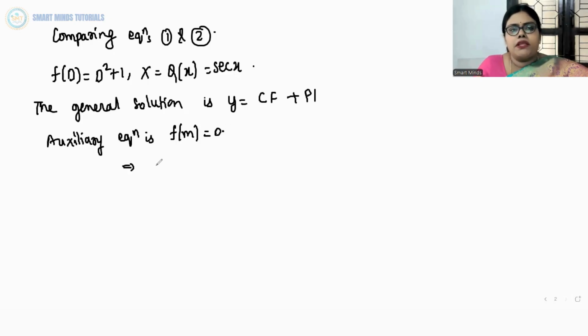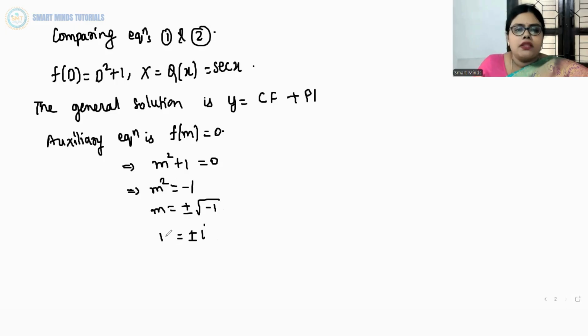That means in place of D square plus 1, we write m square plus 1 is equal to 0. So m square is equal to minus 1, so m is equal to plus or minus square root of minus 1. We know that square root of minus 1 is i. So m is equal to plus or minus i.